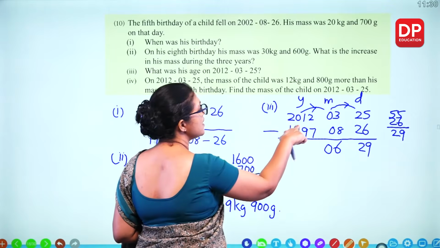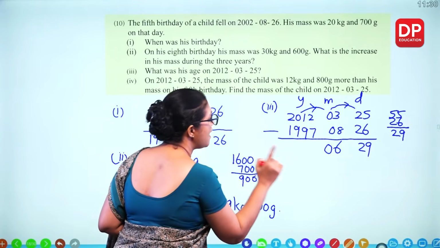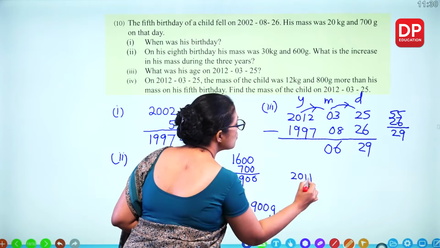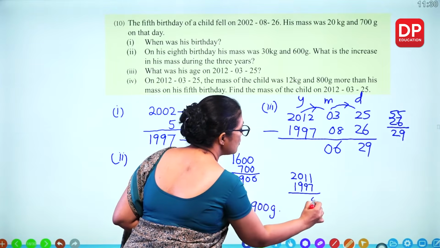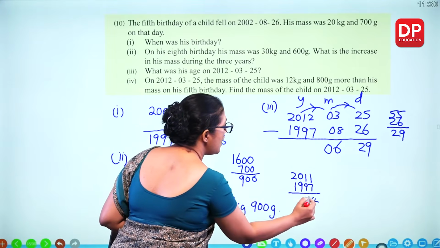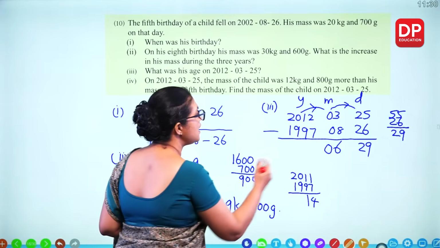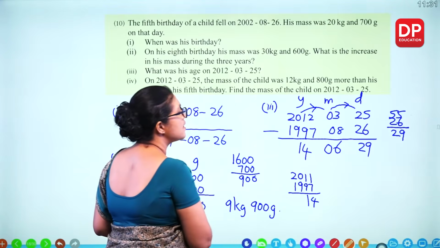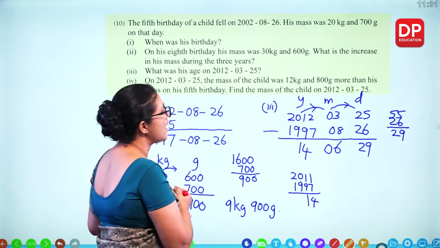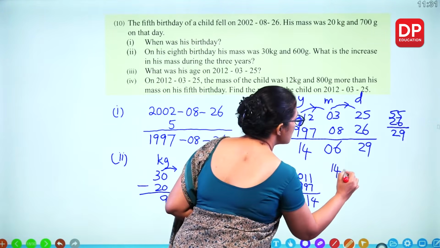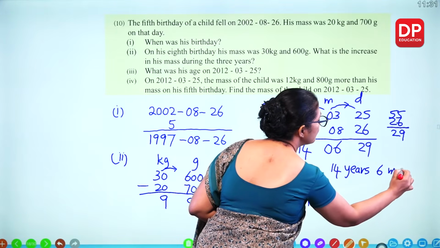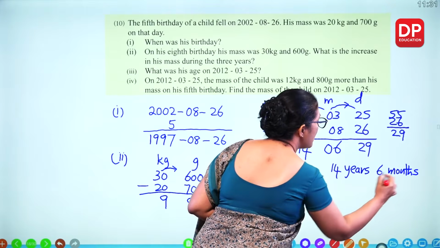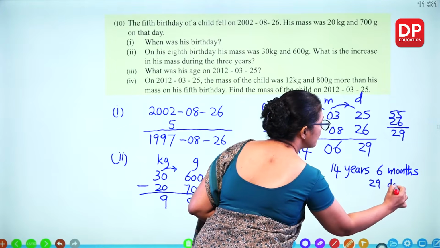Then what happens here? This becomes 2011. 2011 minus 1997. You get 14. So 14 years, 6 months and 29 days.